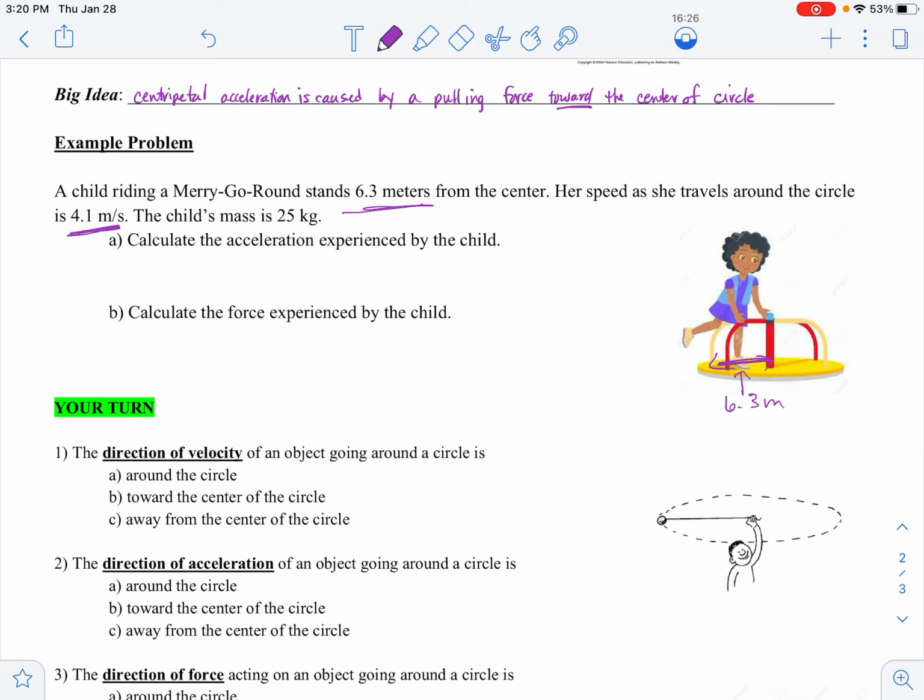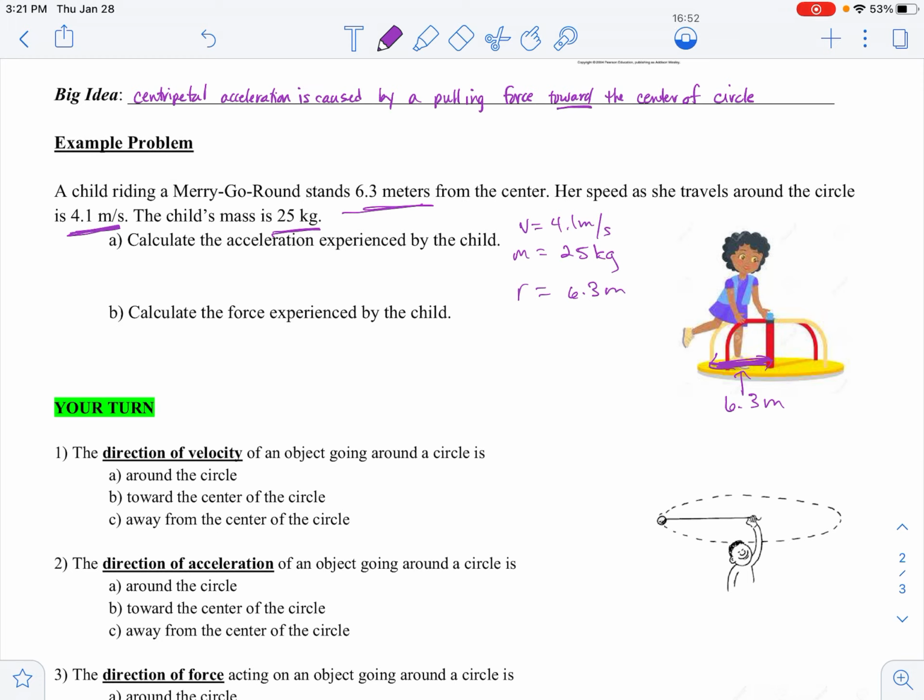Her speed is 4.1 meters per second, and her mass is 25 kilograms. All right, so I have a velocity of 4.1 meters per second. I have a mass of 25 kilograms. What about this 6.3 meters from the center to the edge? Oh, good for you. That's the radius, 6.3 meters.